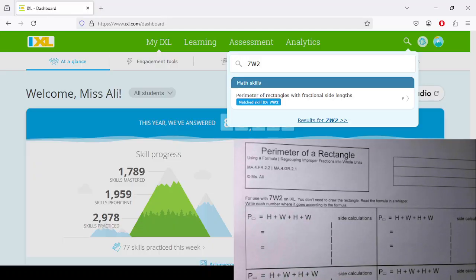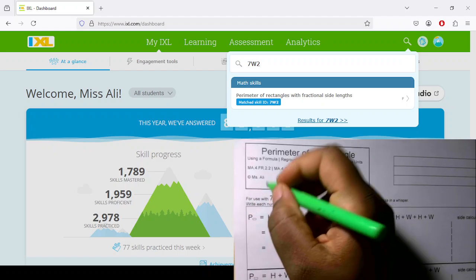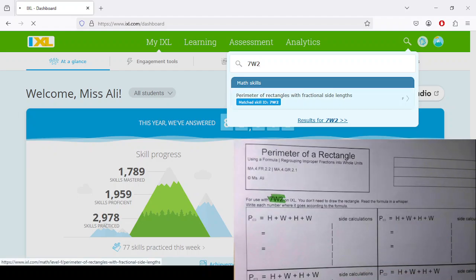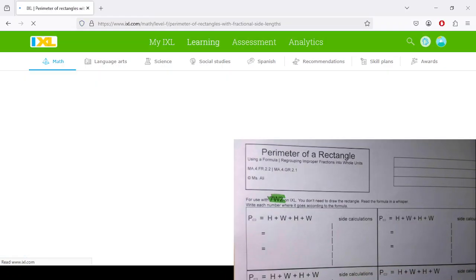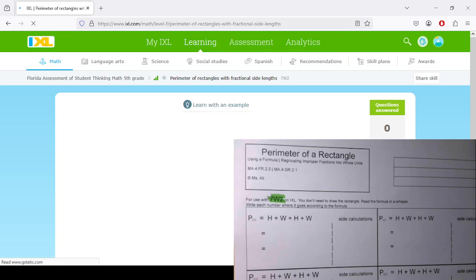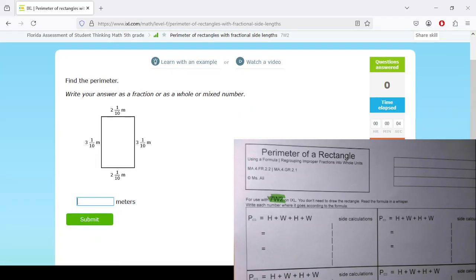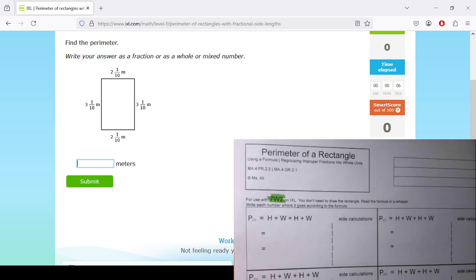Okay, so I'm going to go to IXL, type in 7W2. Alright, I'm told to find the perimeter. There's no question, I'm given a direction. Find the perimeter.